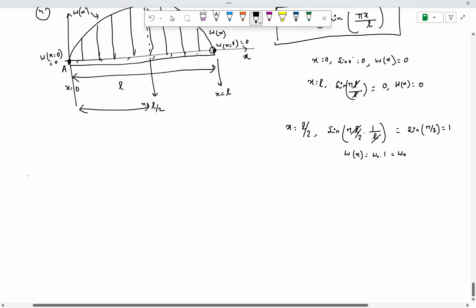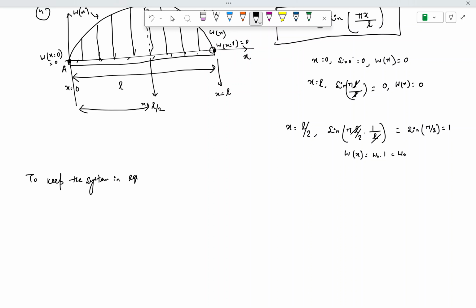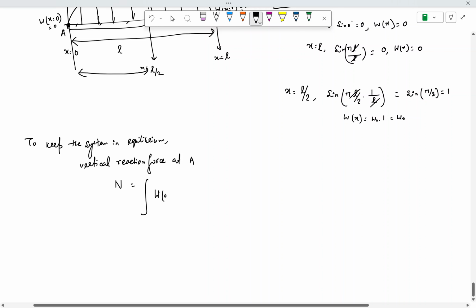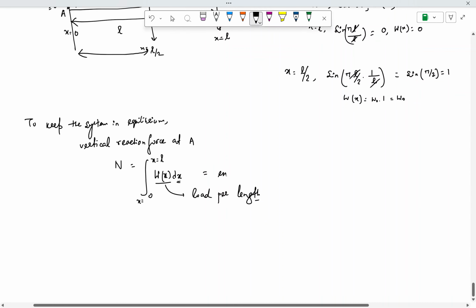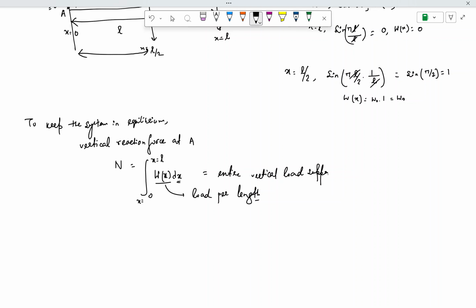Now because this is a vertical force, to keep the system in equilibrium, the vertical reaction force from the beam at the point of contact A is equal to, let us call this force N, basically the total load acting for the entire length from x equal to 0 to x equal to L. So Wx was your load per length, and when you integrate with a length dimension, this becomes the entire vertical load supported by the beam.